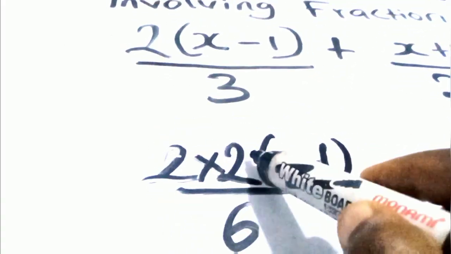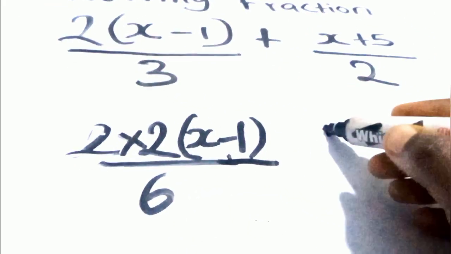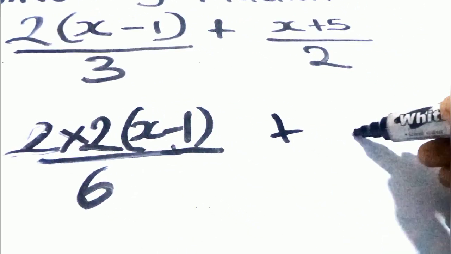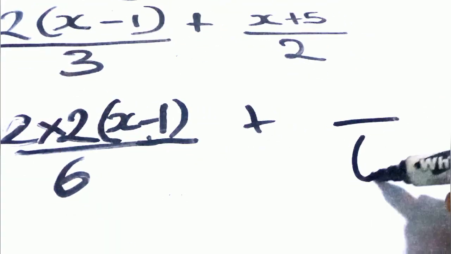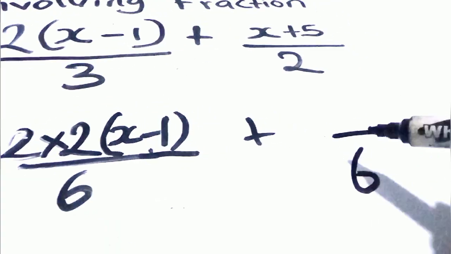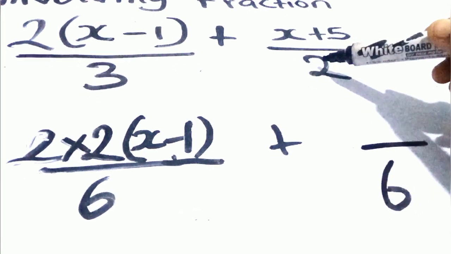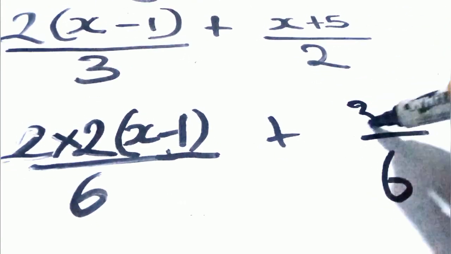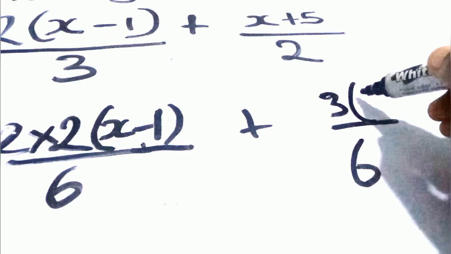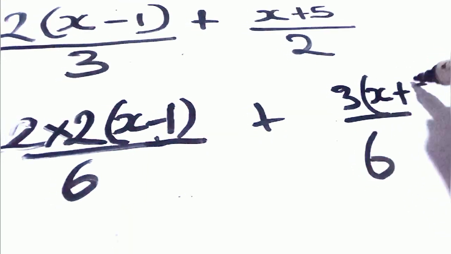Here also, our denominator will change to 6. And for us to find the numerator now, 6 divided by 2 will give us what? 3. 3 will multiply everything up. 3 times x plus 5.